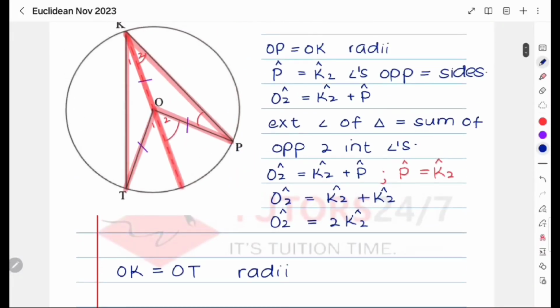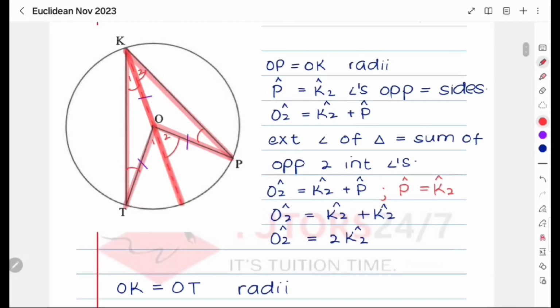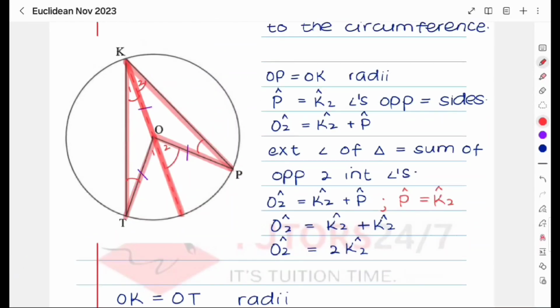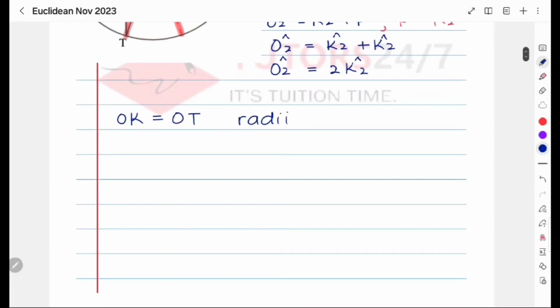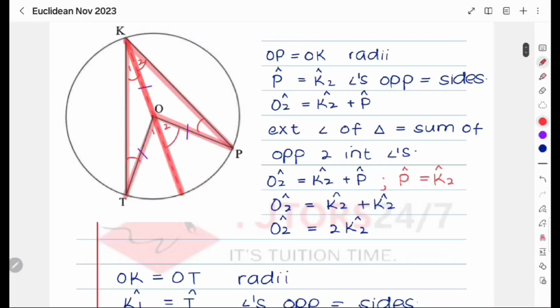We then know that the angle K1 is equal to the angle T, because angles opposite equal sides are equal. So K1 equals T, and our reason is just angles opposite equal sides. From here, we can then state that the angle O1 is equal to the sum of the opposite two interior angles.